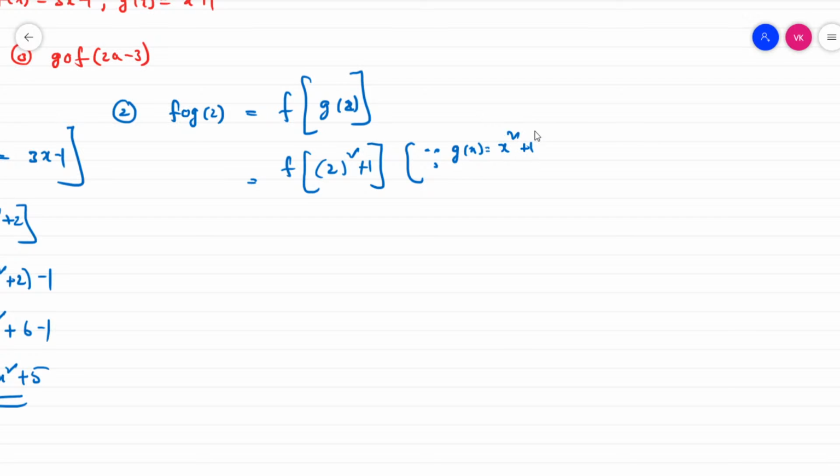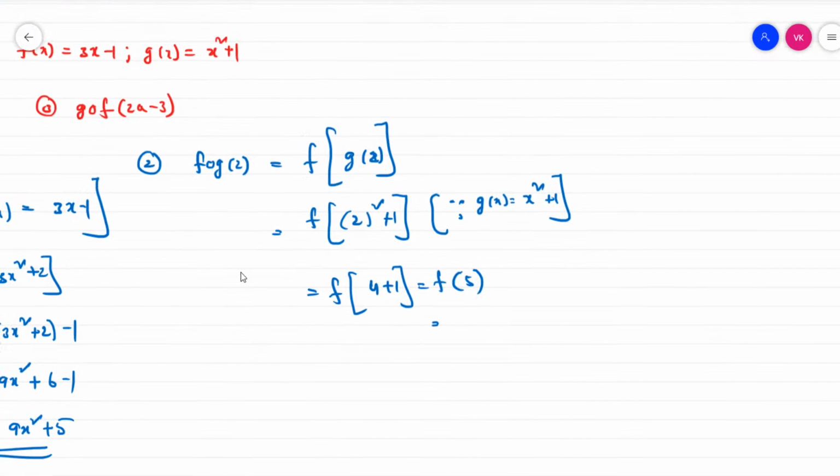Then we can write f of 4 plus 1, that is equal to f of 5. Now we have to find the f function. We know that f function is equal to 3x minus 1. We can write 3 of 5 minus 1. Finally we get 15 minus 1, that is equal to 14. This is the second one.